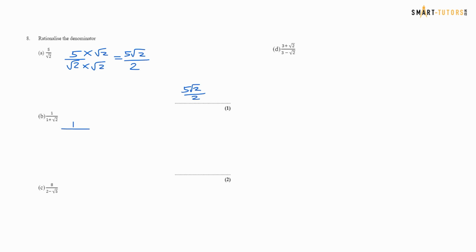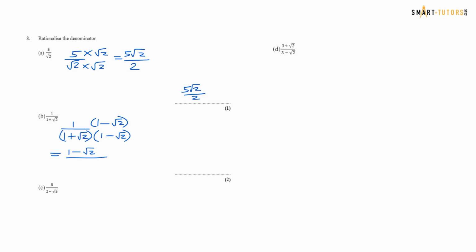So 1 over 1 plus root 2, times 1 minus root 2 top and bottom. So here the top is going to be 1 minus root 2. And the denominator, when you expand this one, a plus b, a minus b, you can use a formula.